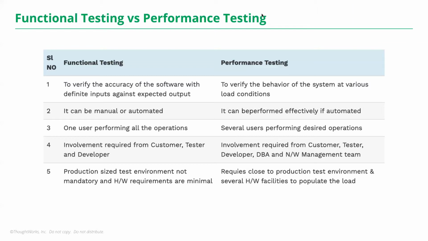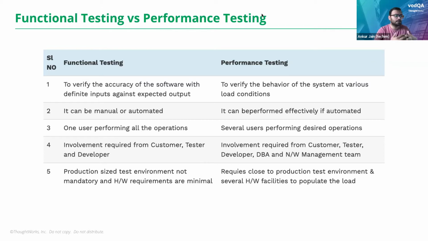Sorry, continue. Okay, so let's drive towards the difference between the functional and performance thing. I ran through a few testing strategies that could be used in both functional and performance testing. But how are they actually different?